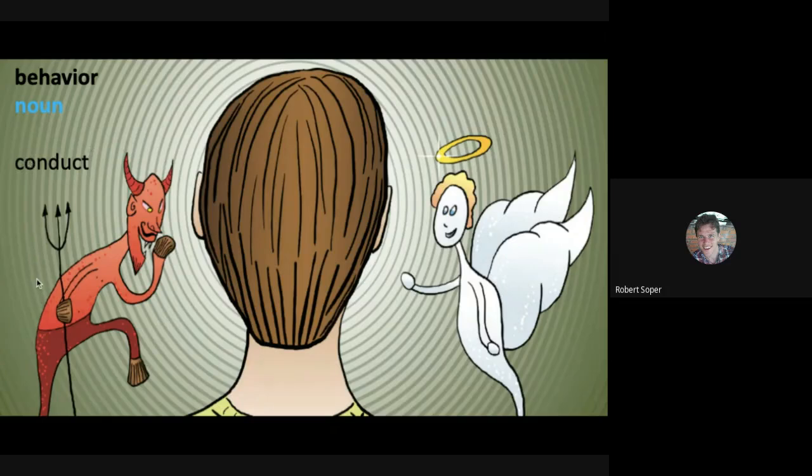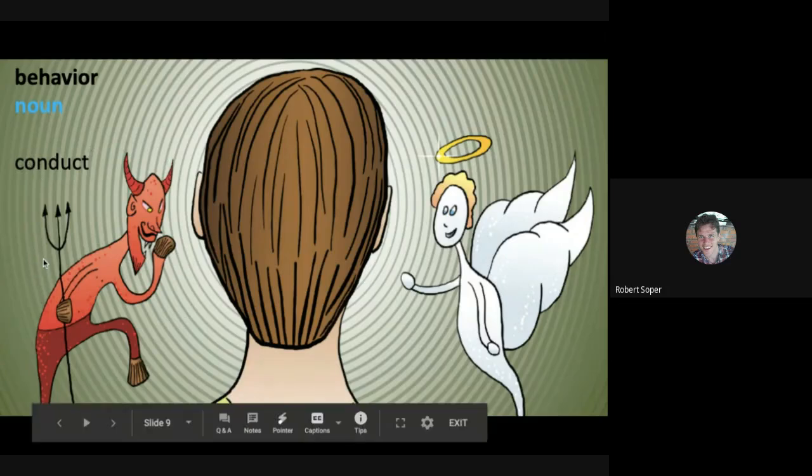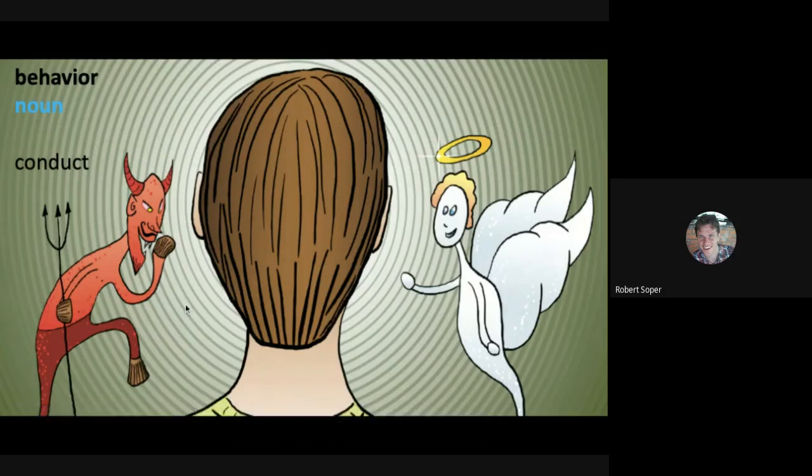What about bad behavior? Well, bad behavior is being rude, not being polite, so being impolite. What about bad behavior in the classroom? Well, bad behavior in the classroom would be talking when your teacher is talking.